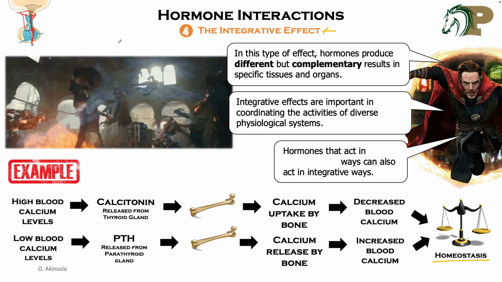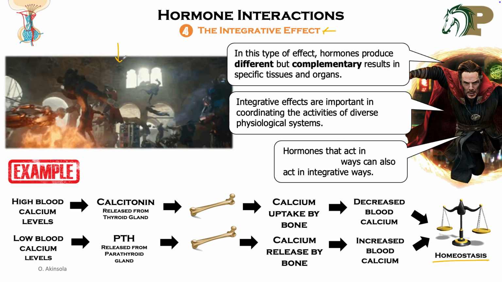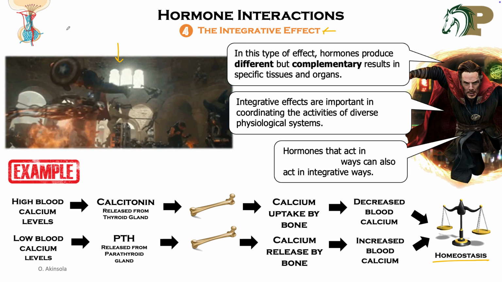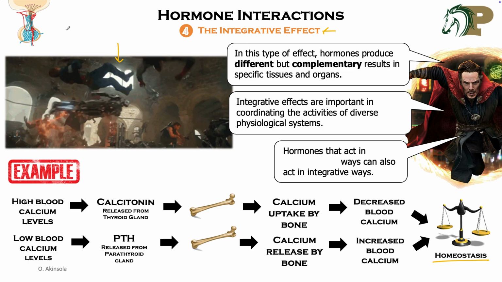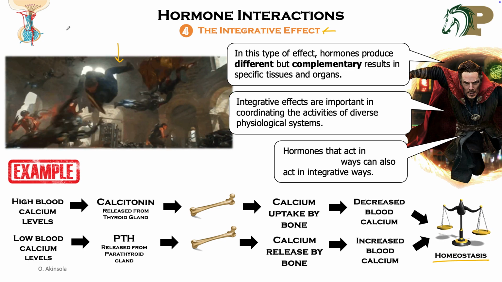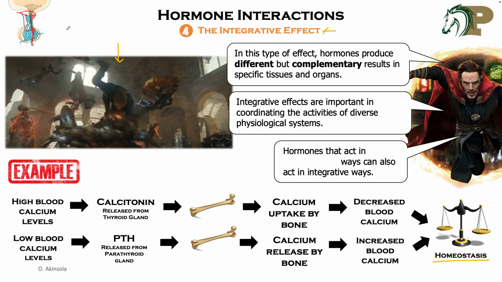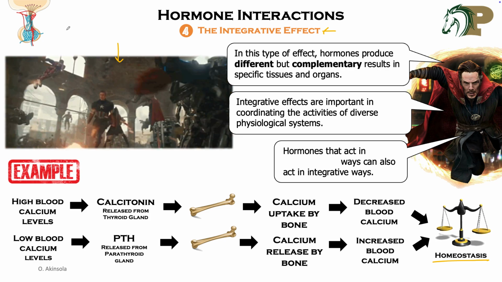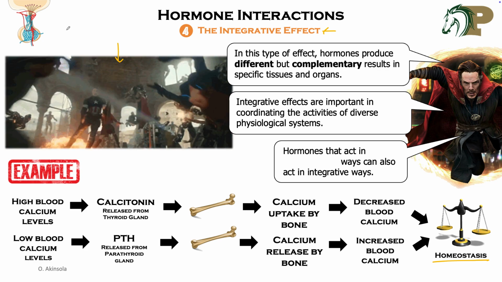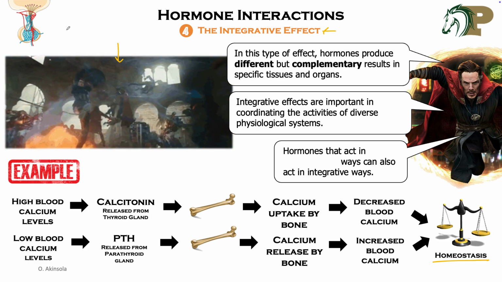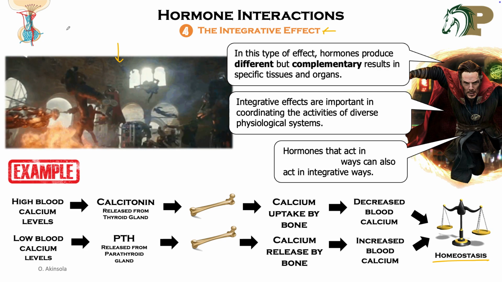And I always love explaining the concept of homeostasis by showing this particular clip from Avengers Age of Ultron. The reason why I like this clip to illustrate homeostasis is because if you look at the clip, you have about, I want to say maybe 6 or 7 Avengers there, and they are all doing their own thing.